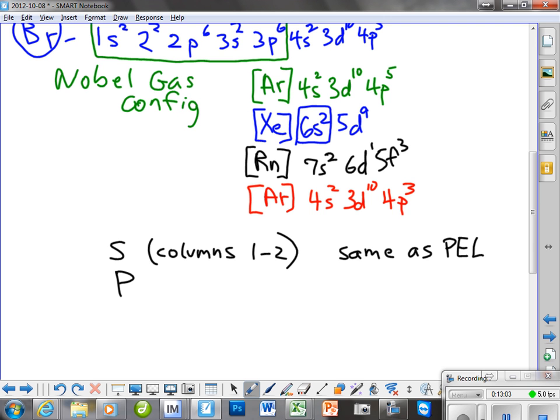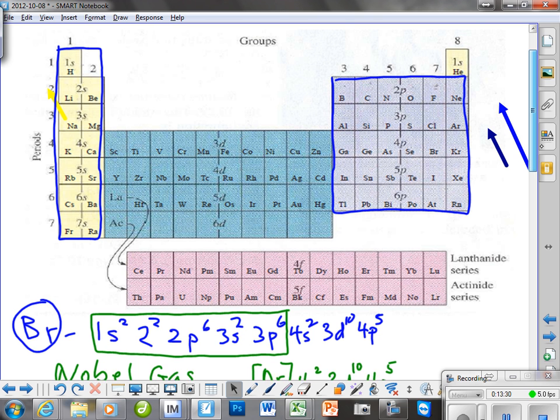The p's, which are columns what? Come on, where's the p block? 3 to 8. Yeah. And that is also the same as the PEL. No difference. So that part is a piece of cake, no problem at all.